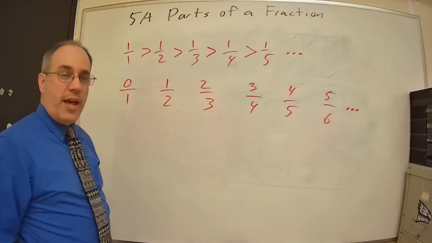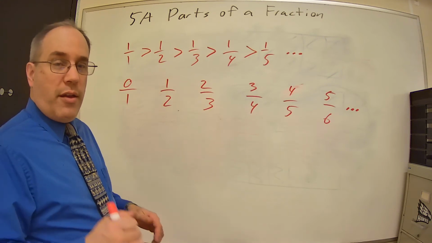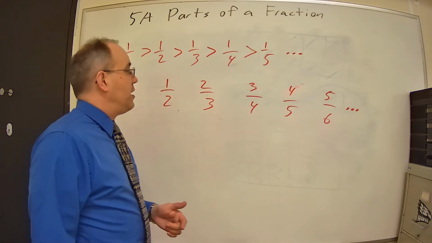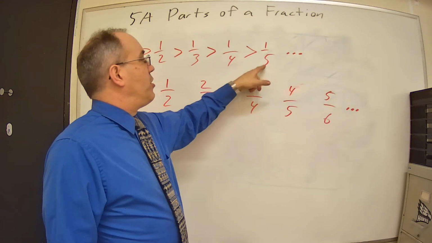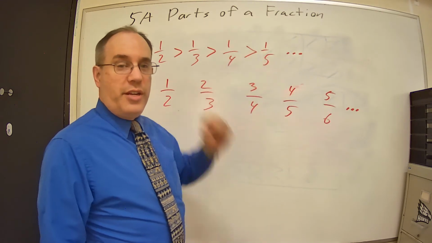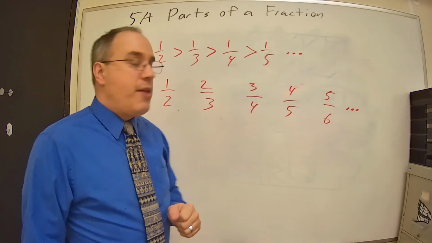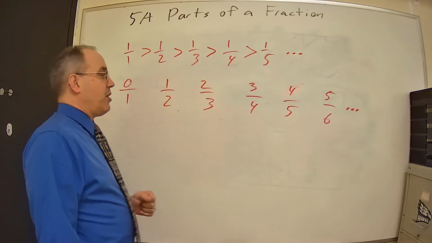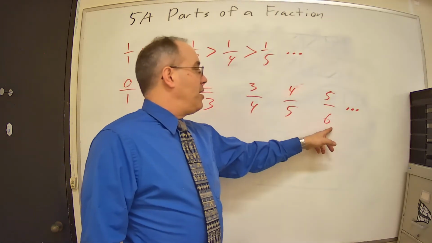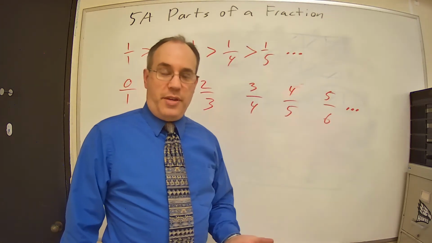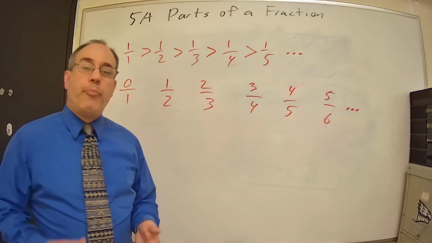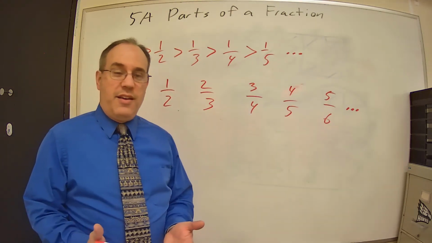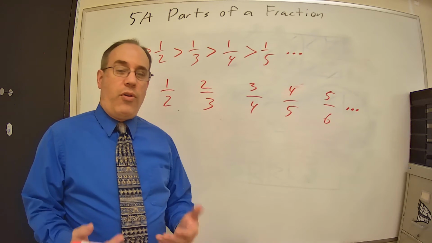I've taken one away. Well, if we remember that the larger the denominator, the smaller each piece was, then we should also be able to recognize that the larger the denominator, the smaller the missing piece is, so the greater portion of the whole that we're going to have.